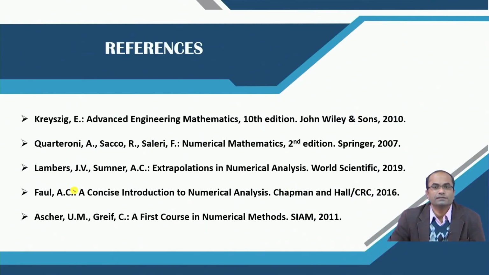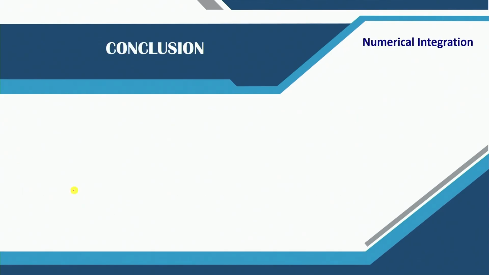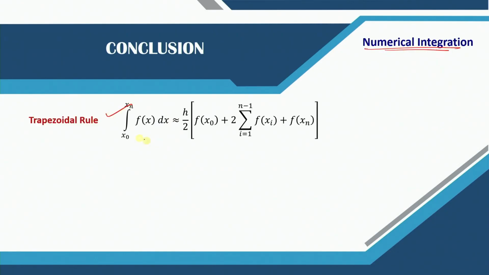So, these are the references used for preparing the lecture, and just to conclude, we have discussed numerical integration, mainly the trapezoidal rule, which says that we can integrate this f(x) from a to b, where we denote this a as x0, and then we have equidistant points x1, x2, x3, and so on.